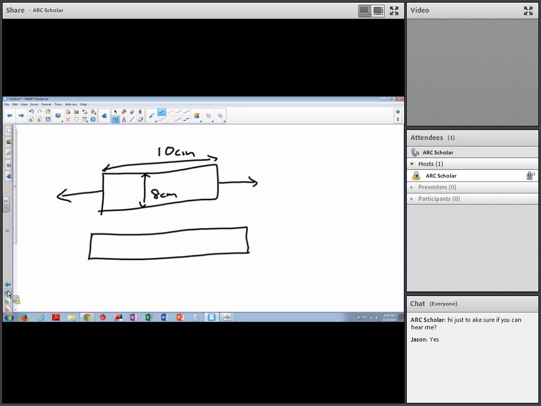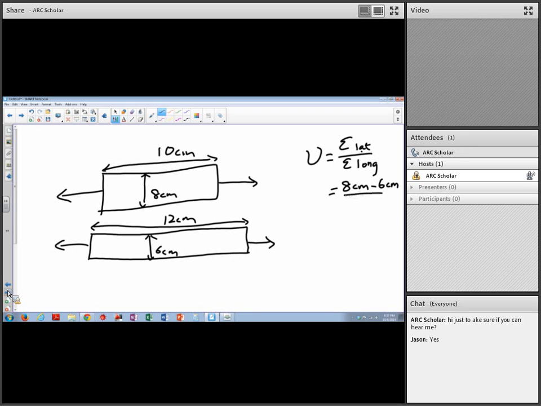So let's say 30 cm, and then the final ratio will be this part, which is 8 cm minus 6 cm, this is the delta L, over 6 cm.